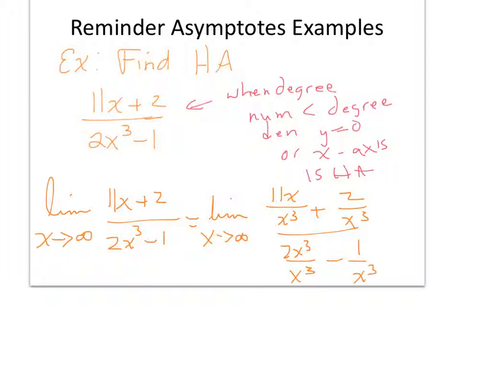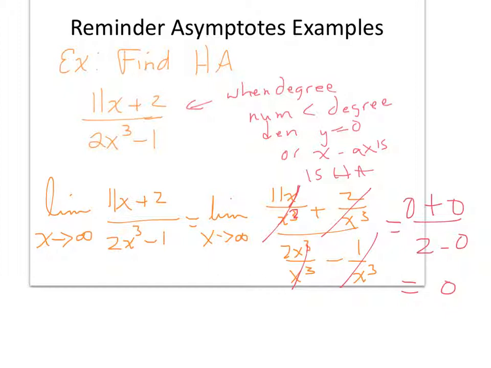And again, I can just look at this. Technically, we should do more steps and split things apart, but I know that's going to be a 2. I know you hate it when teachers do that. So that's going to be a 0, that's going to be a 0, that's going to be a 0, that's going to be a 2, right? But it doesn't matter because we end up with 0 plus 0 over 2 minus 0, which is 0.